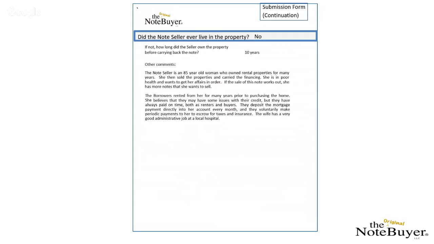And if they're actively buying and selling properties and creating notes, then of course they must comply with Dodd-Frank, including having a licensed mortgage loan originator underwrite the note. And so that's why this is important, because I need to know whether to expect this to be underwritten by an MLO or not.